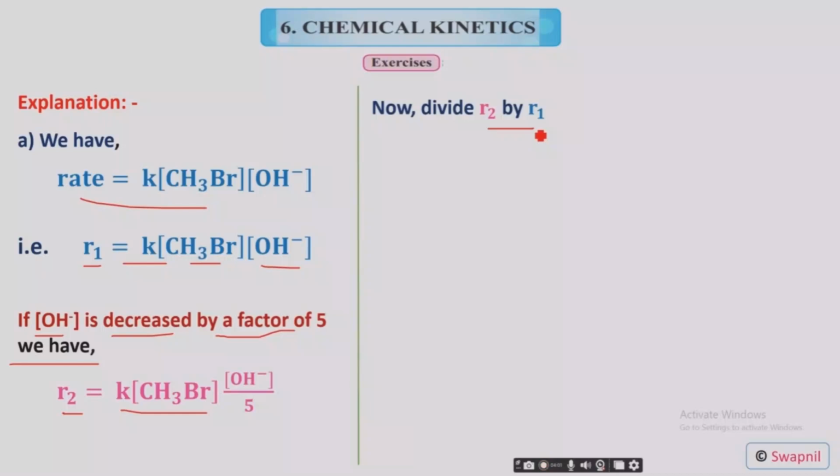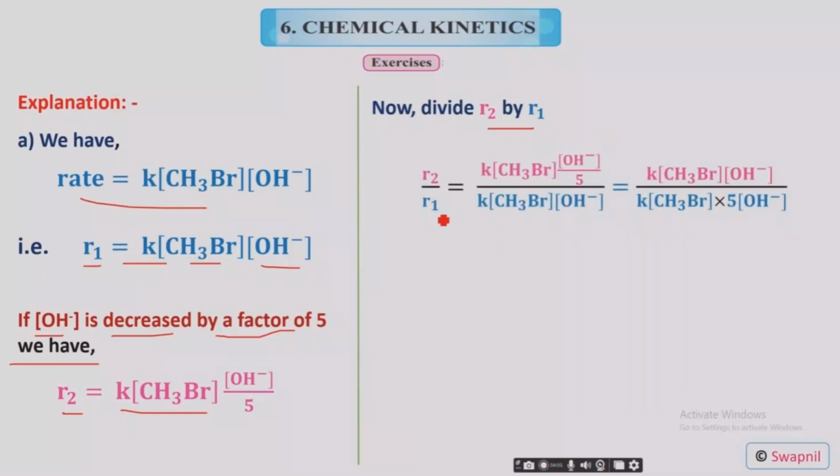Now divide R2 by R1, we get R2 divided by R1 is equal to K into concentration of CH3Br into concentration of OH minus ion divided by 5, whole divided by K into concentration of CH3Br into concentration of OH minus ion. By rearranging, we get K into concentration of CH3Br into concentration of OH minus ion whole divided by K into concentration of CH3Br into 5 into concentration of OH minus ion, because this 5 goes in the denominator.